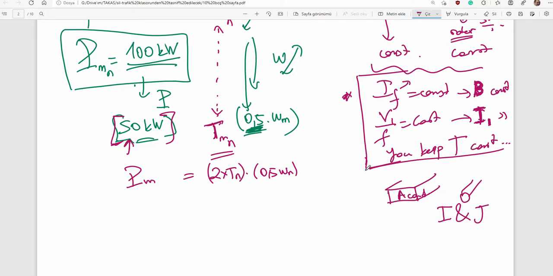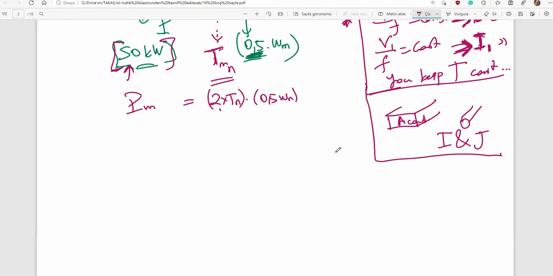So it is not possible. You cannot increase torque due to overheating. Here would be overheating. Here would be saturation. So torque increase cannot be managed. So output power cannot be kept constant.